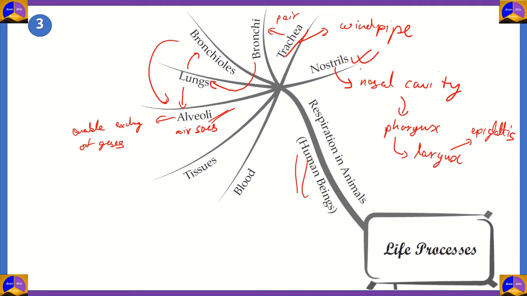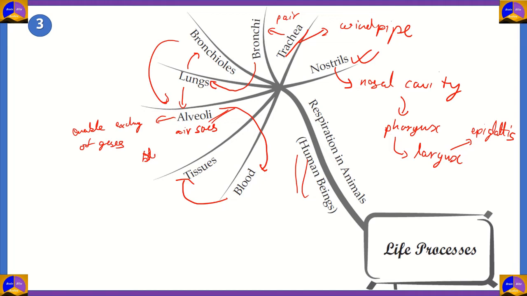Now, from the alveoli, the blood that we get is oxygenated, so it contains a lot of oxygen, and that blood is now taken into the tissues of the body, where the oxygen that is present in the blood is transferred into the tissues for creation of energy.